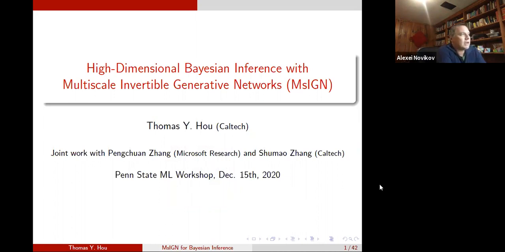Among many honors and awards, he recently became a fellow of the American Academy of Arts and Sciences, for example. Tom made fundamental contributions to numerical homogenization and singularity formation in fluid mechanics, and numerical analysis of singularity formation in fluid mechanics. And today he is going to talk about Bayesian inference and multi-scale invertible generative networks.